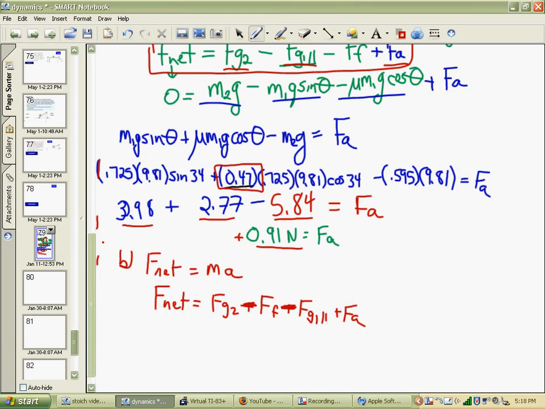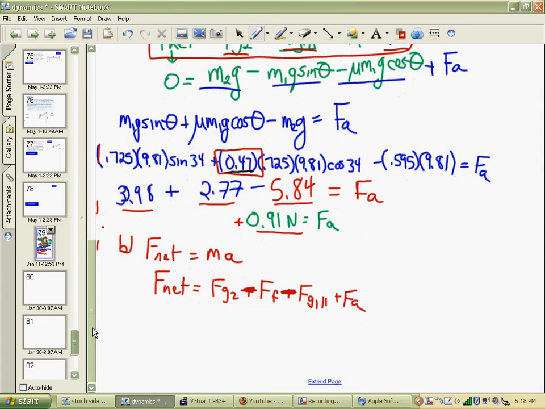So to work out our F net, we needed M2g. We needed Ff, which from the previous video was mu M1 g cos theta. Fg parallel was M1 g sine theta, and Fa was 0.91 newtons.